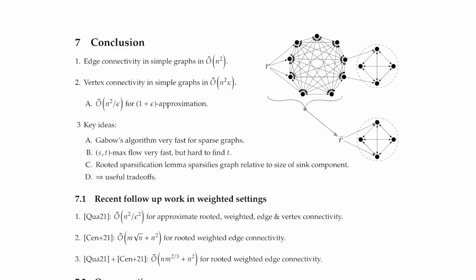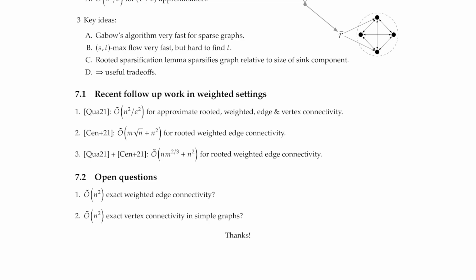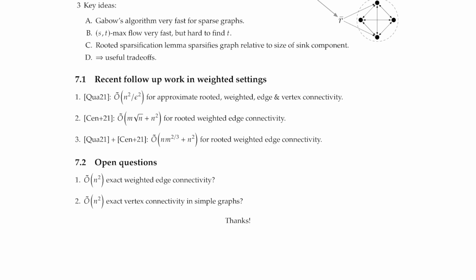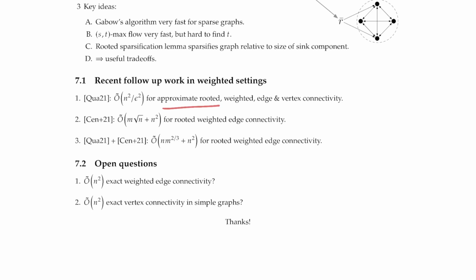Okay. All right. And then I want to mention that there's been a lot of follow-up work very recently. So one is that you can take some ideas and get some quadratic time approximation algorithms. So you can approximate these rooted problems even with edge weights and vertex weights in n squared over epsilon squared time.